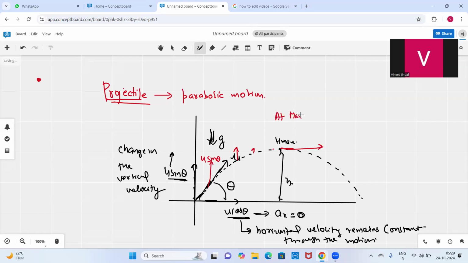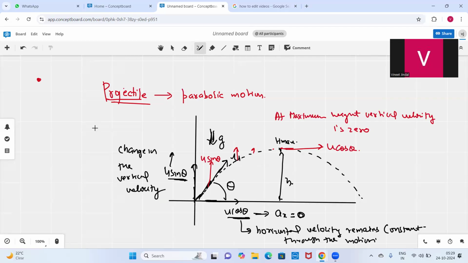At maximum height, the vertical velocity is zero. So the only component at the top of the height is the horizontal velocity, which is u cos theta, which always remains constant. So this is the initial description about the projectile.